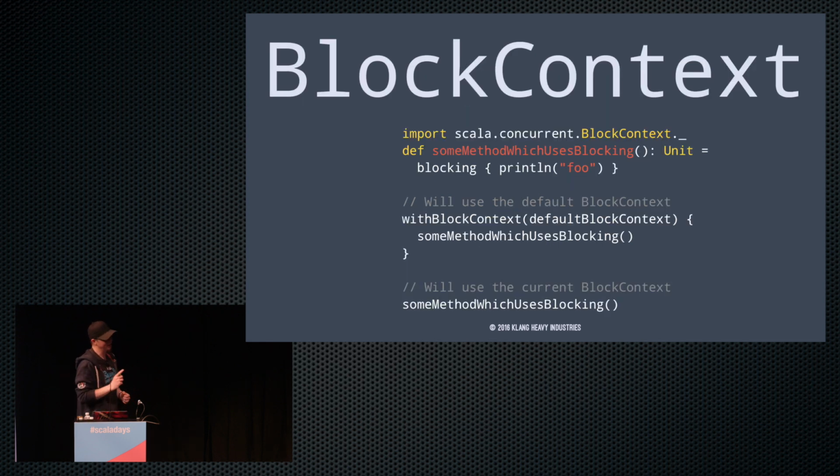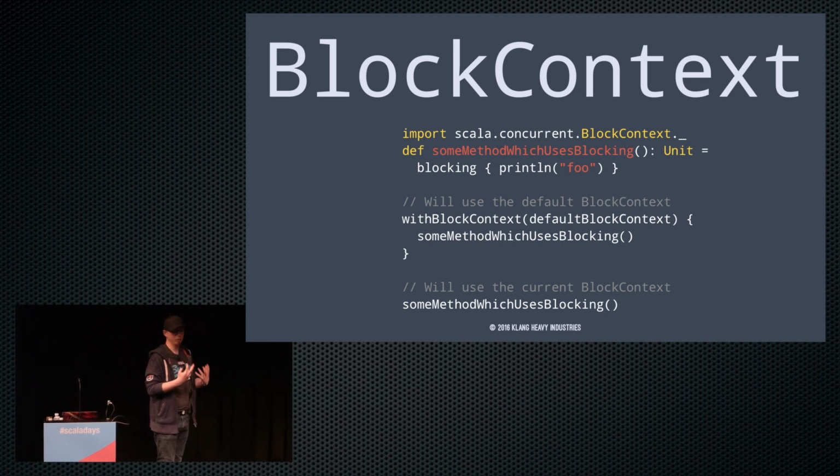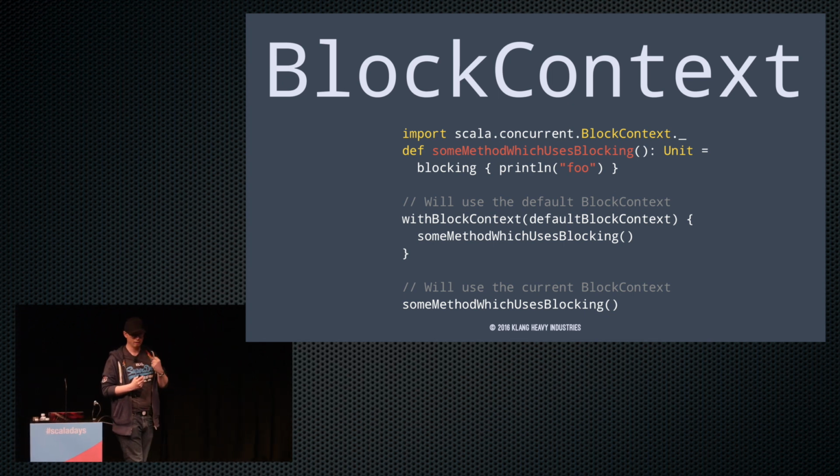And something that I think doesn't get the necessary praise or attention that it probably should is the block context. I don't know if you've ever seen this. It's there, but you don't really see it unless you go looking for it. So the block context is a means of letting the underlying thread pool know that we're going to attempt to do some blocking here.